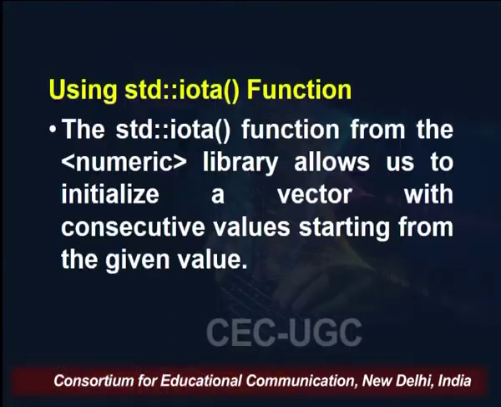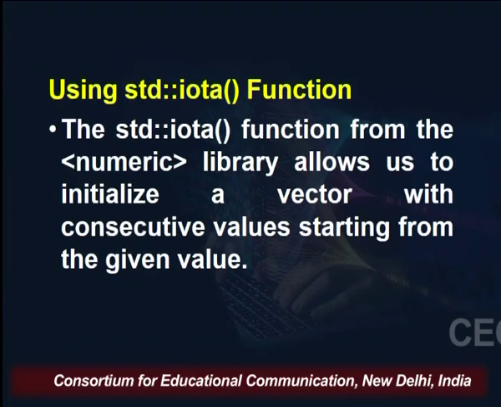The last one is the iota function, which is available as std::iota. It is from the numeric library, which allows us to initialize a vector with consecutive values starting from a given value. What does that actually mean? Let us try to understand.